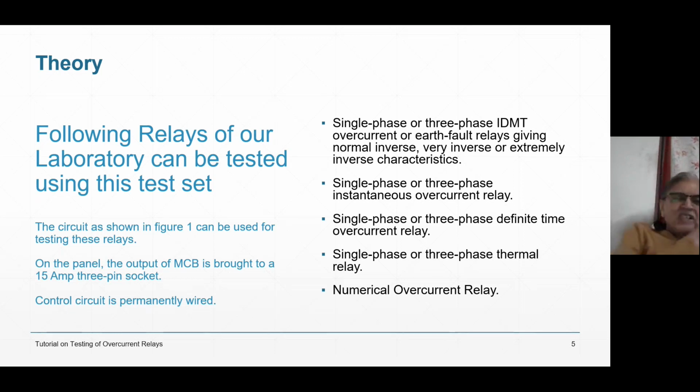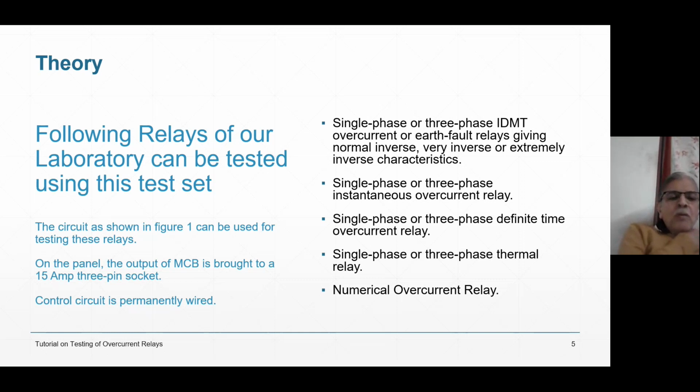For testing the circuit of figure 1, which is given in the next slide, you can use a very simple circuit. And on the panel, the output of MCB is brought on a 15 ampere 3-pin socket.